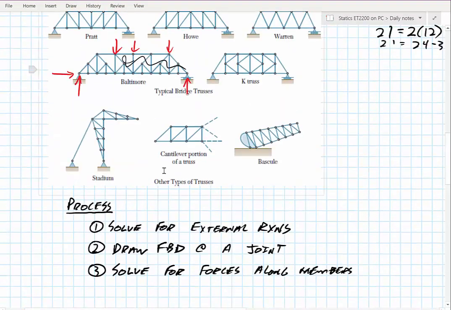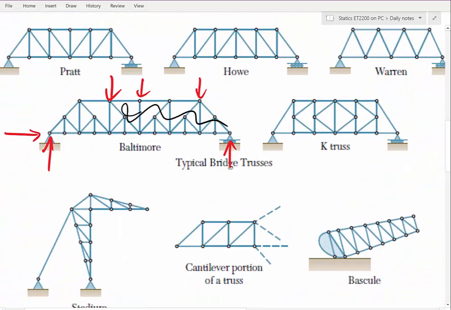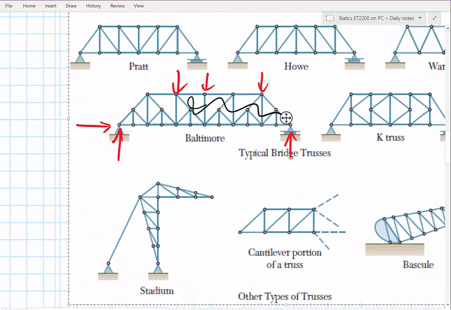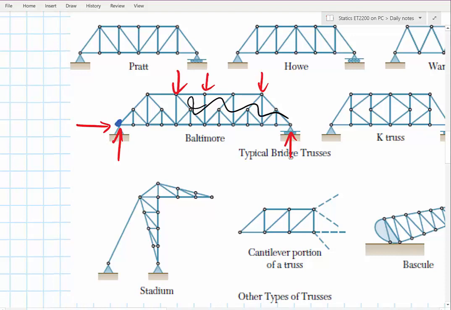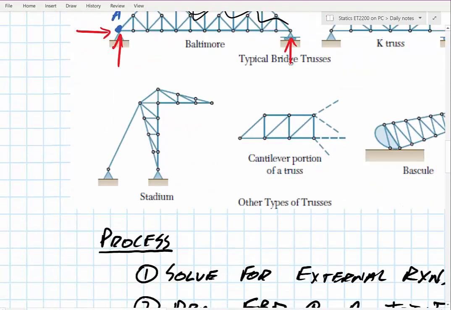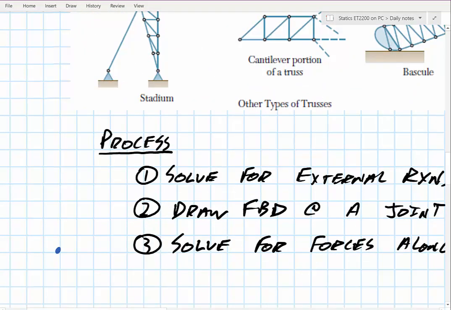So, for example, I'll take this Baltimore truss since that's what I was just doing anyways. Let's look at this joint right here. If I were to call that joint A, I already have my external reactions, which I want to leave in there.